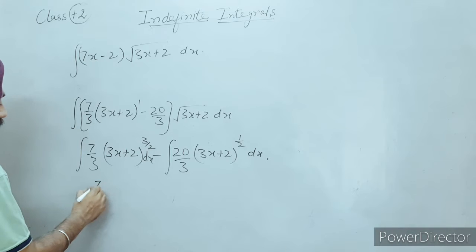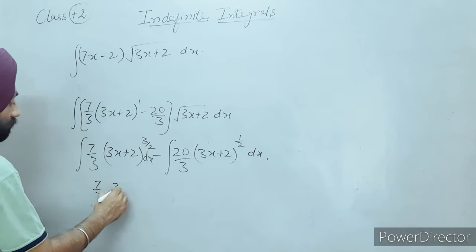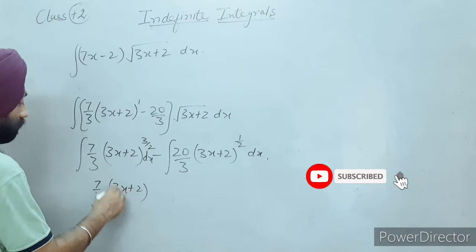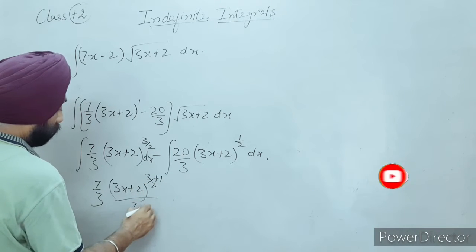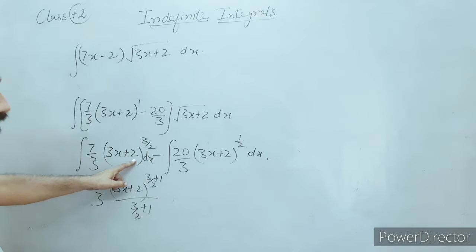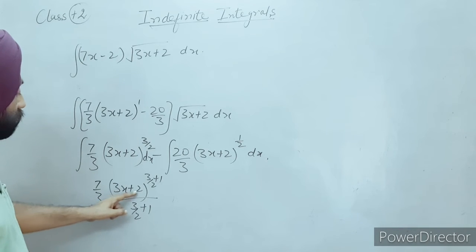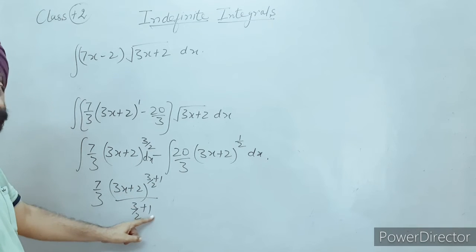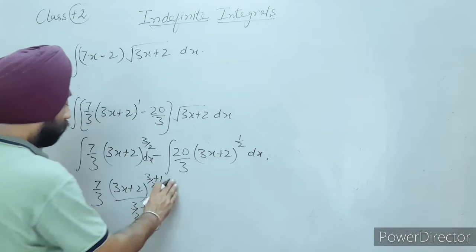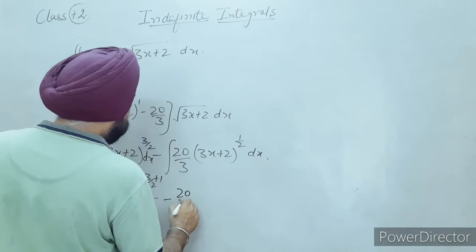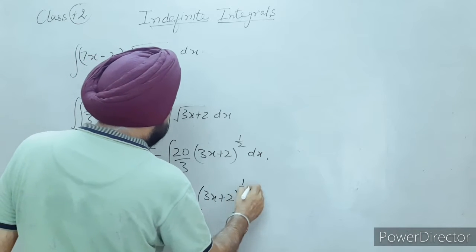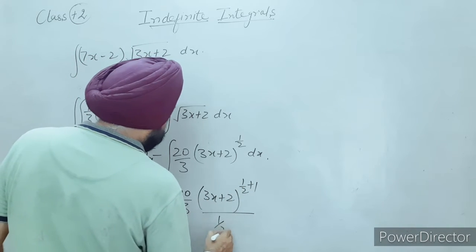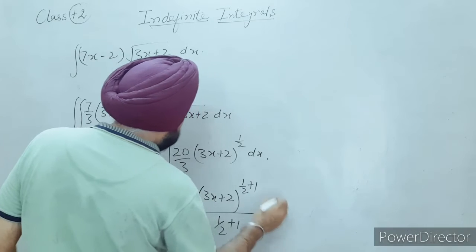Now 7 by 3 is constant, so it is out. The integral of 3x plus 2 becomes raised to power 3 by 2 plus 1 divided by 3 by 2 plus 1, using ax plus b raised to power n giving ax plus b raised to n plus 1 upon n plus 1. Minus 20 by 3 times 3x plus 2 raised to power half plus 1 upon half plus 1, plus c.